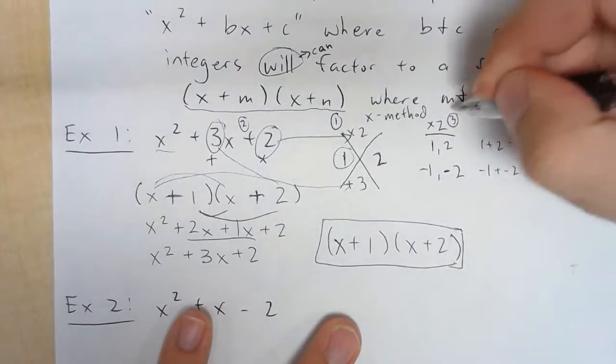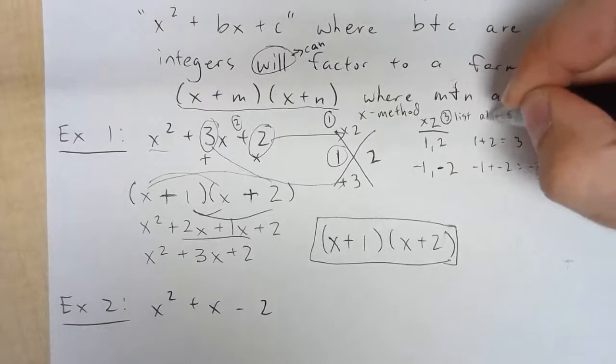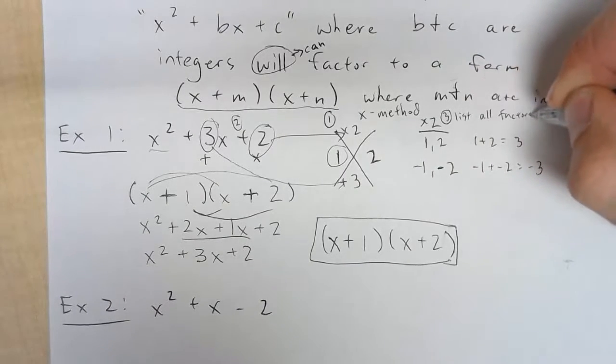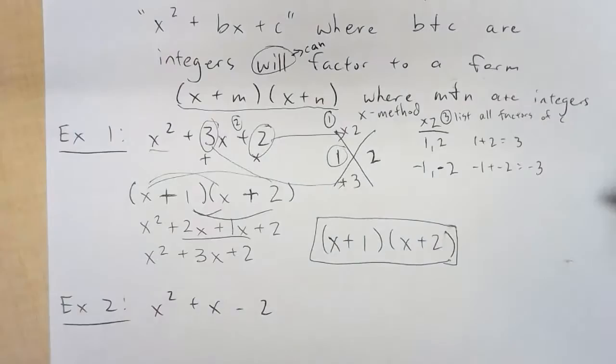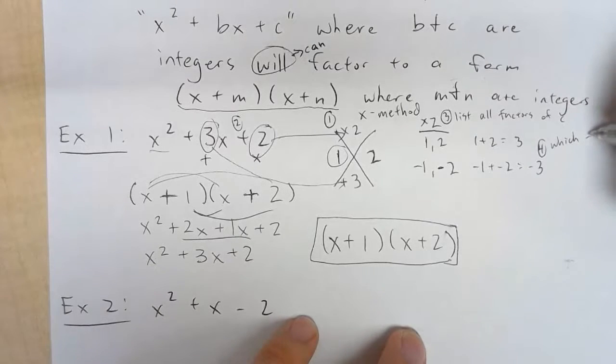And then my step 3 was writing a list of all the factors of 2, so list all factors of my c. And then I figured out which of those add or subtract to be b.